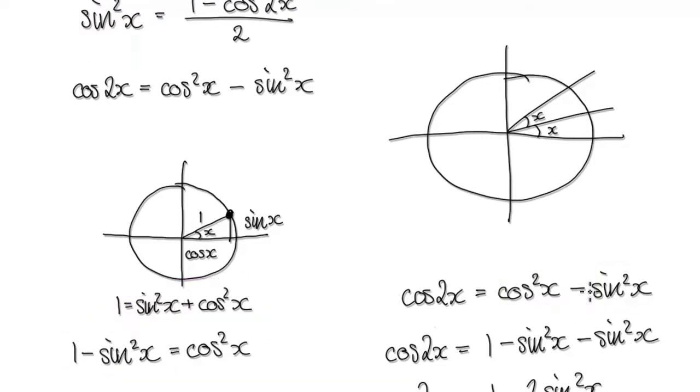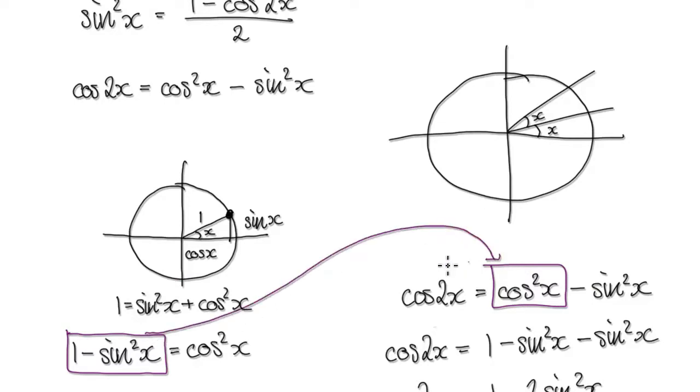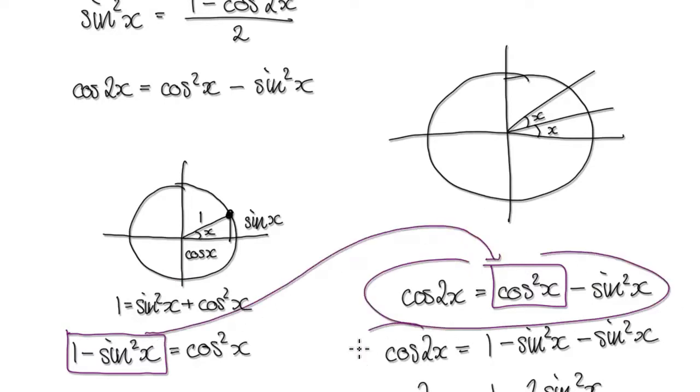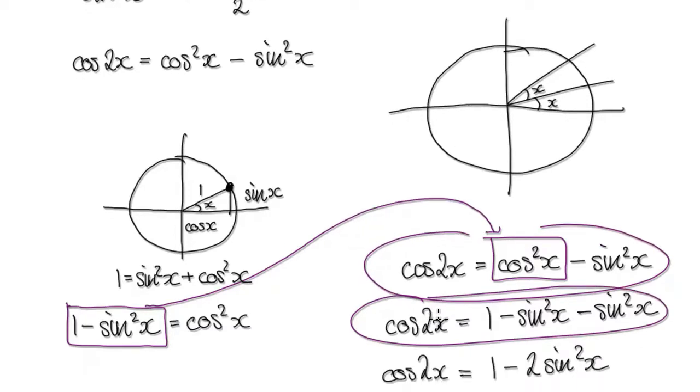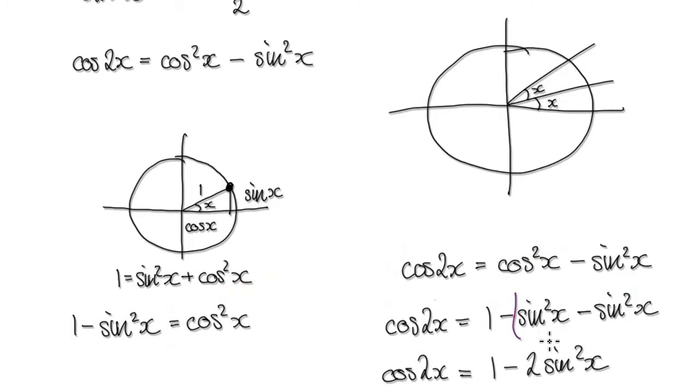So for you to eliminate cos squared, we would put this into here. So this whole thing here will then become this. So now you've got minus sine squared, minus sine squared, that would be minus 2 sine squared.